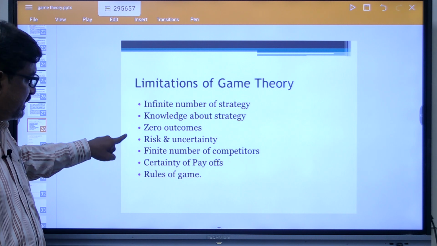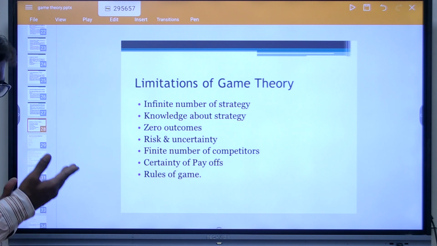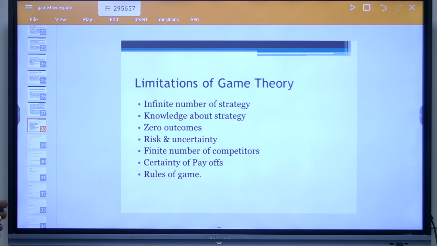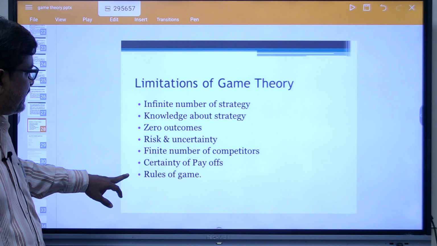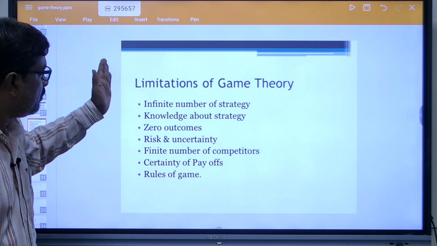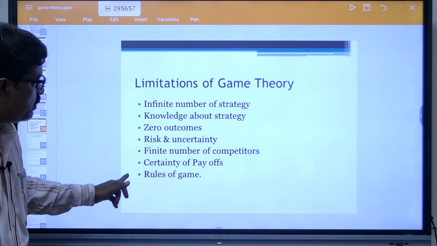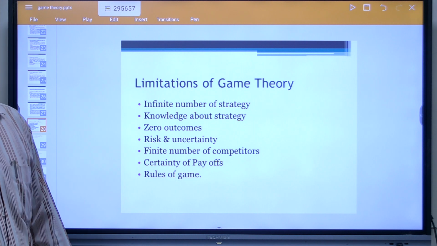Now, with a finite number of competitors, whenever we are formulating our strategy with other competitors, we will take into account only a few, 1, 2, that is all. Certainty of payoff, and there are various rules that we have to follow in solving the theory of games, which is one of the limitations. So, these are the limitations of the game theory.